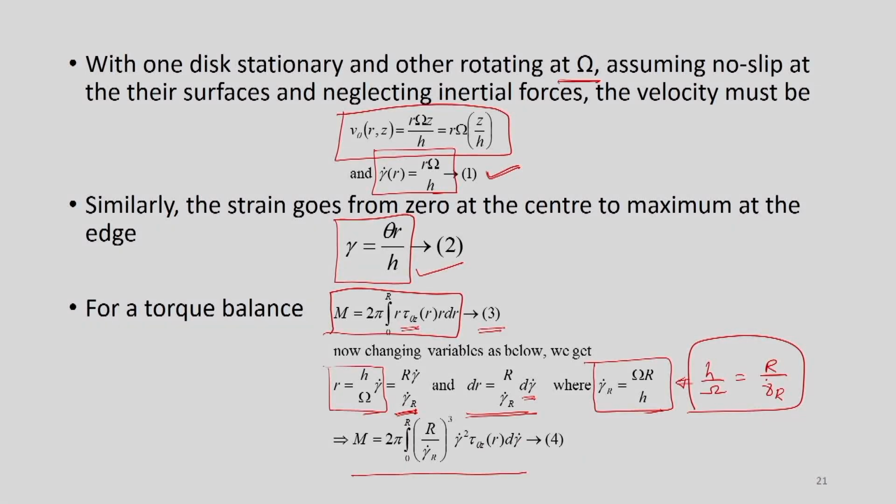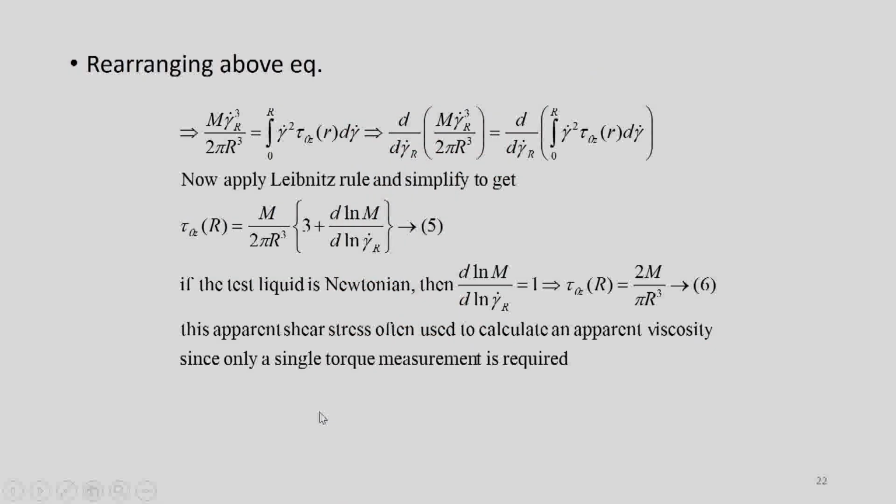Now differentiate either side with respect to gamma dot R, that is gamma dot at r equals capital R. From this equation, on the right-hand side, you can apply the Leibniz rule.